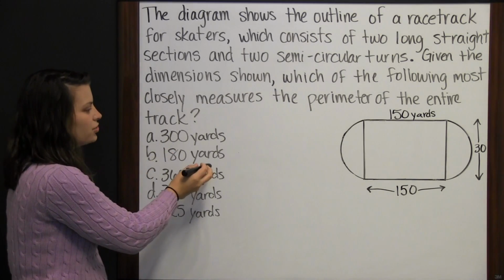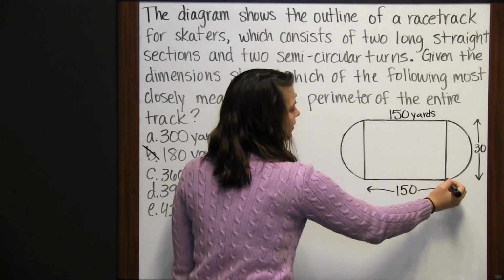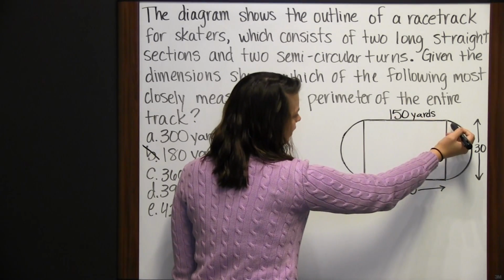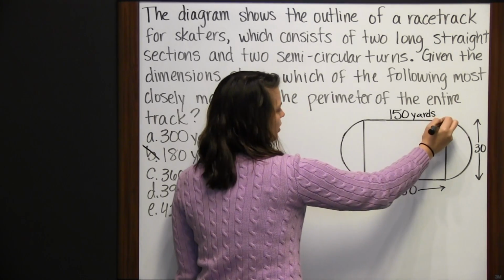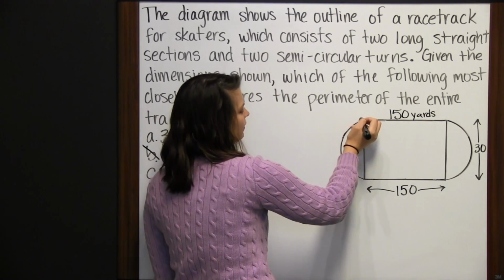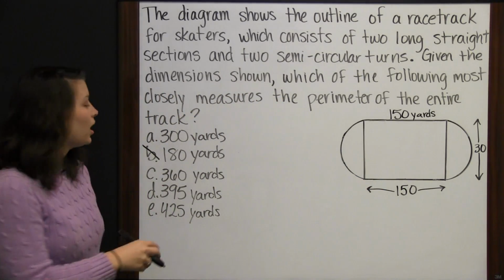I know that 180 yards is definitely not enough because I've got 150 and 150. So we're going to have to skate this 150, skate some more, skate another 150, and skate some more. So we know we're already over 180 yards.